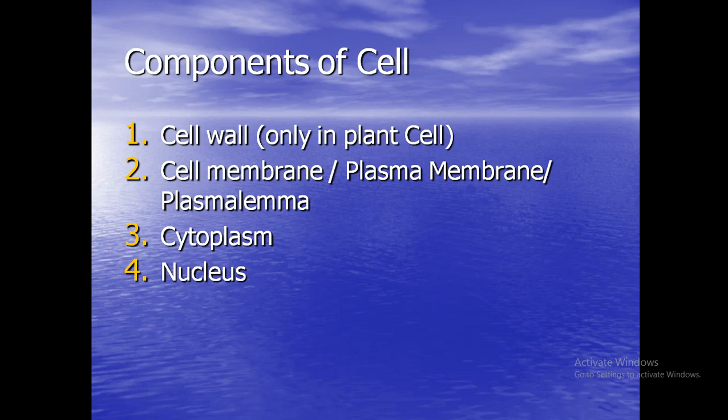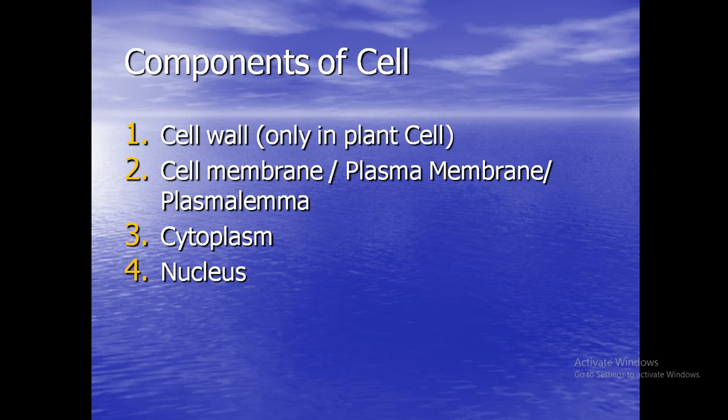This is only to achieve better understanding. We will take a typical cell, plant cell first. A cell has 4 components. If it is plant cell, it has 4 components. If it is animal cell, we have only 3 components.